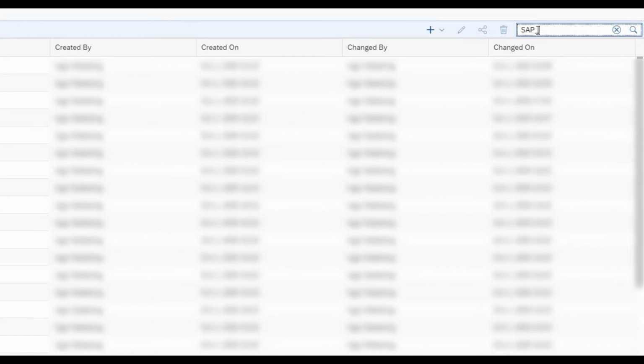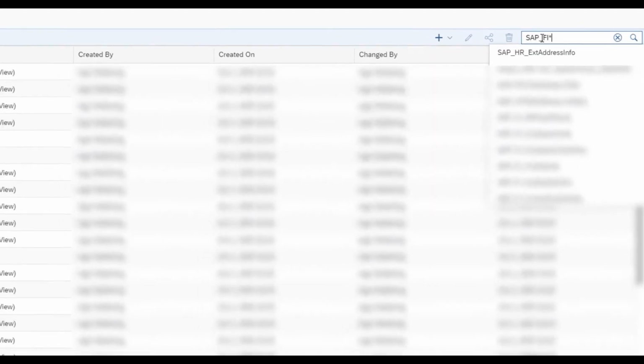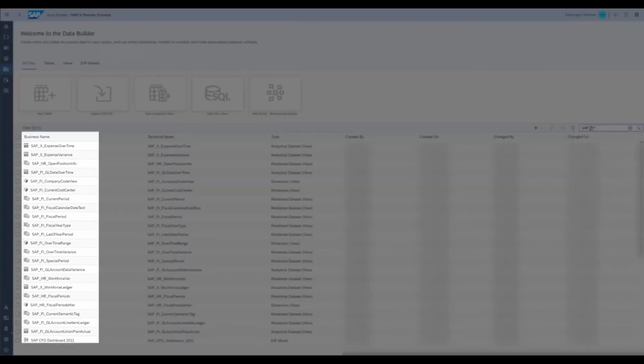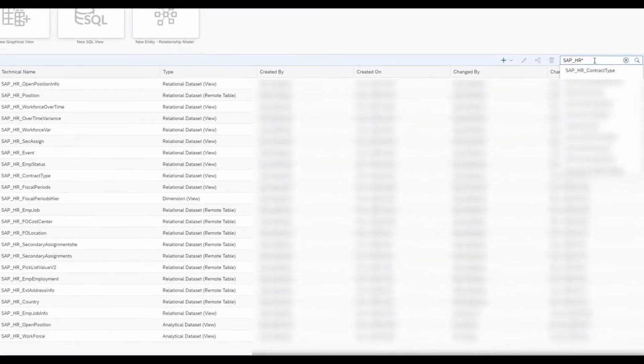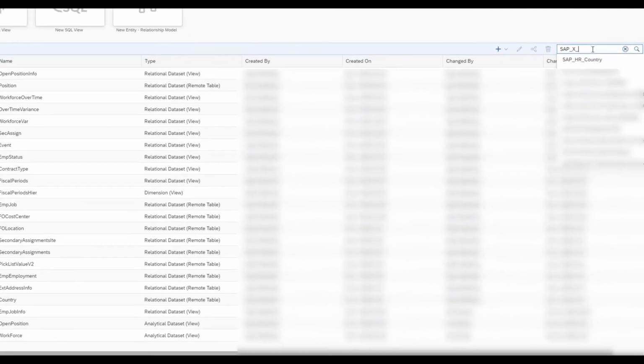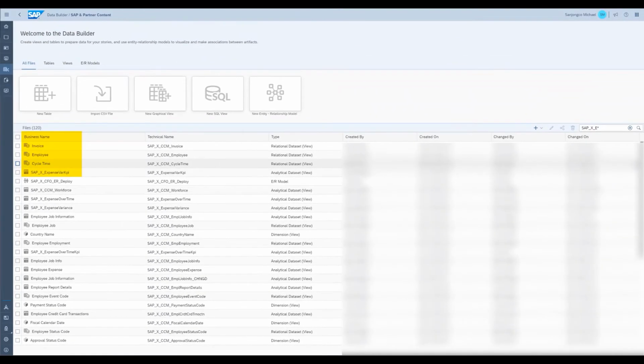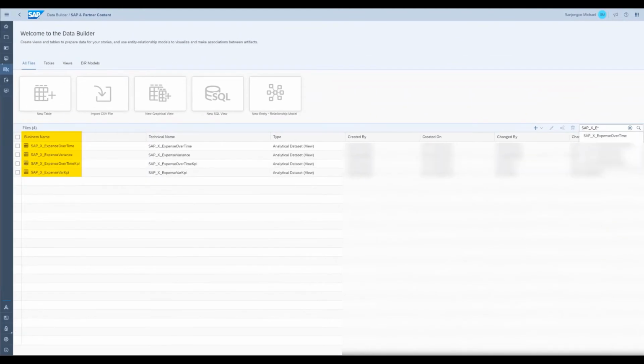You can search for financial domain models by typing SAP_FI, or you can search for SAP_HR to find all SAP HR models. Above these domain models, cross-application models use the analytical datasets for SAC consumption. You can search for all analytical datasets used for the workforce performance page by typing SAP_X_E.